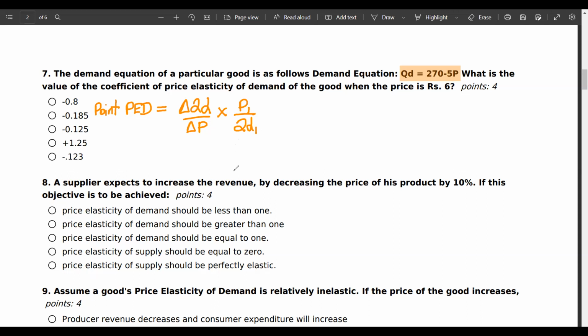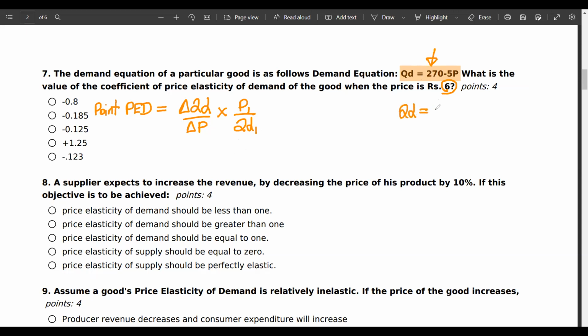We use that. But in here, there's a shorter way to get to the PED. Since the demand equation is given to us directly, and we know at what price we are supposed to find the PED, that is 6, at ₹6 we can find out what the demand is.